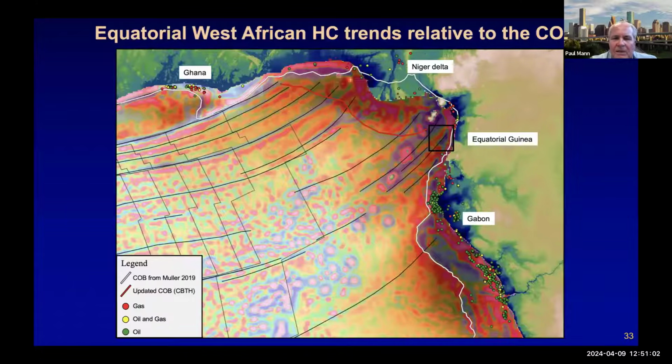So this area here looks really promising because it looks like a kind of broad rifted zone, very similar to Ghana, which has turned into a great place. Wherever you have these sort of bends, you get a greater amount of extension and you create these sort of triangular shaped zones, which I think are really interesting for exploration.